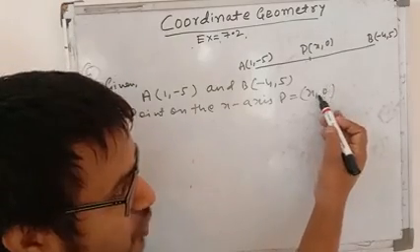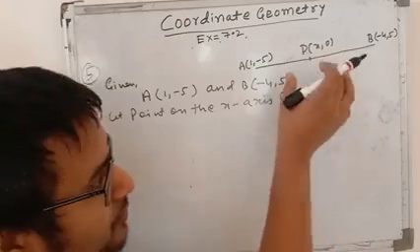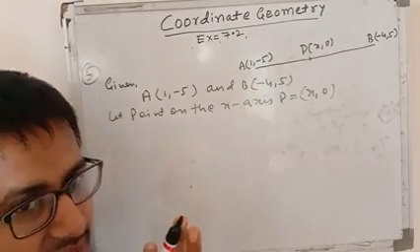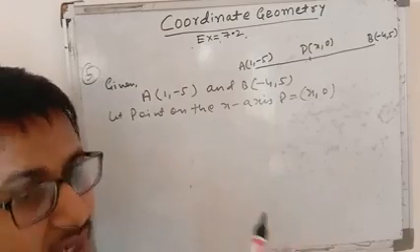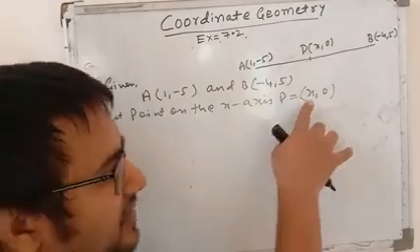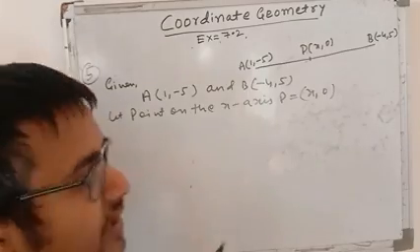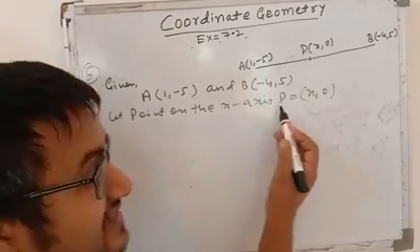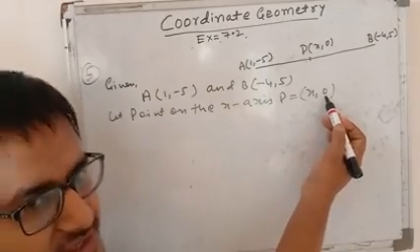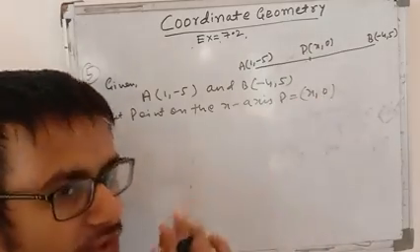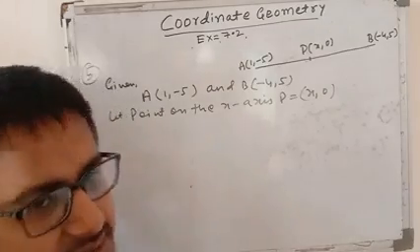By using this value of y we use the section formula to find the ratio, and after using that ratio we have to find x. The point on the x-axis means y is 0, because a point on the x-axis is always (x, 0).